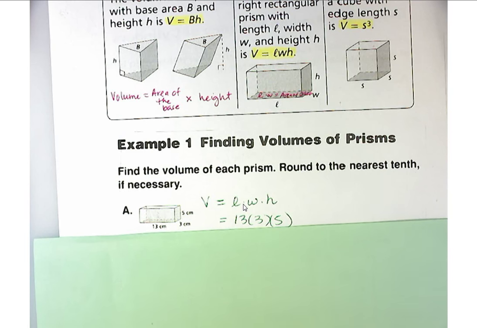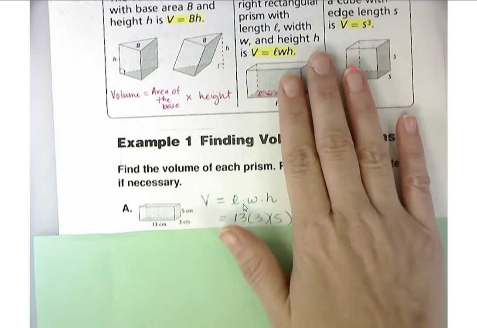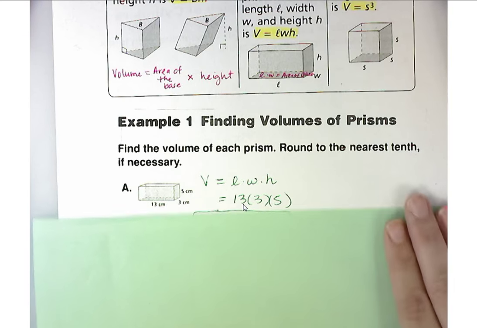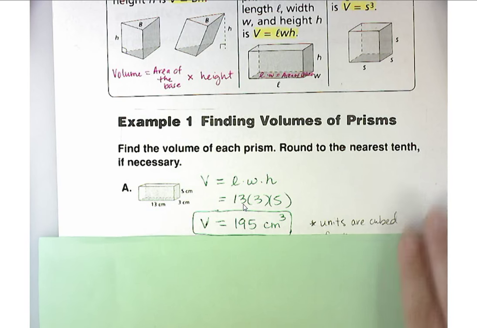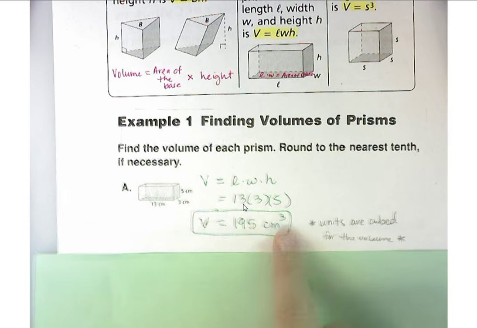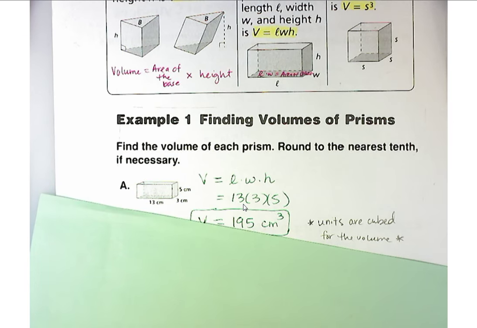And whenever you're multiplying quantities together, the order does not matter. Okay, so you're going to do 13 times 3 times 5, and then you would get 195 centimeters cubed. Now, the volume is something that is in 3 dimensions, so your centimeters are going to be cubed, or to the third power.